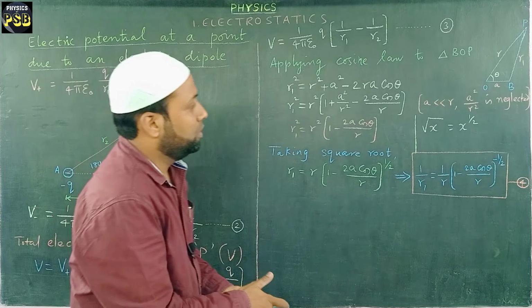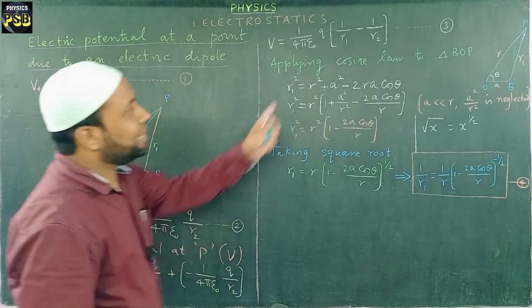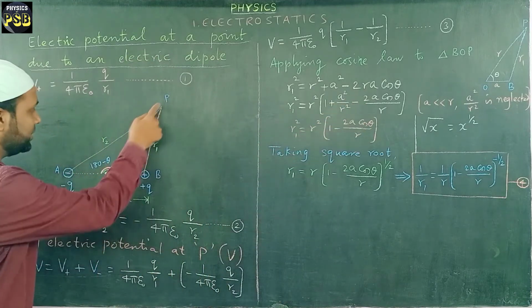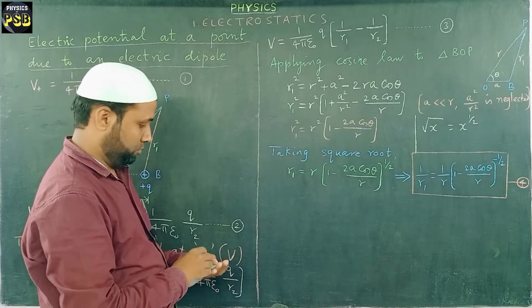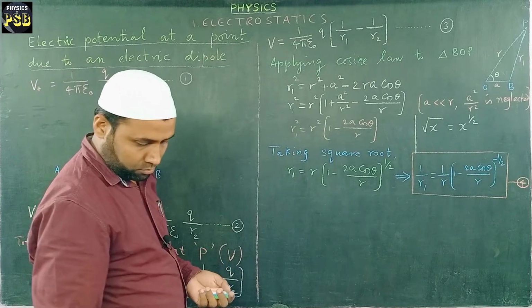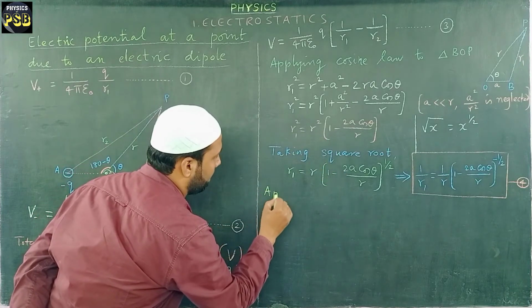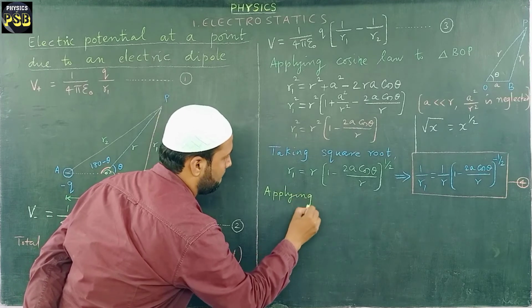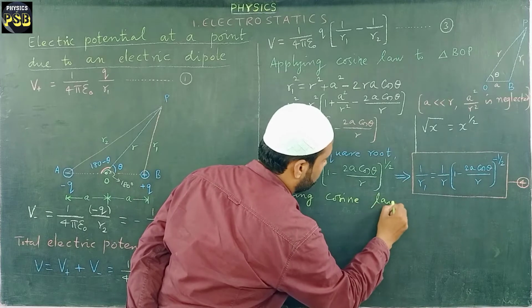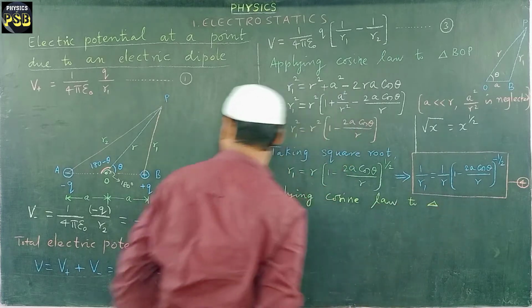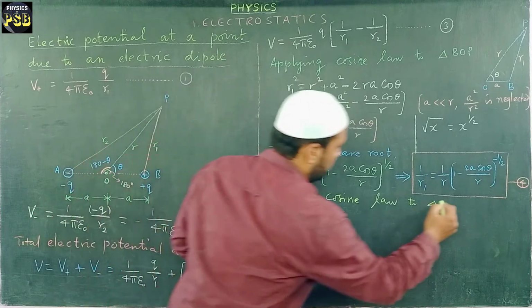To get the value of 1 upon R2, I am going to apply the cosine law to this triangle AOP.